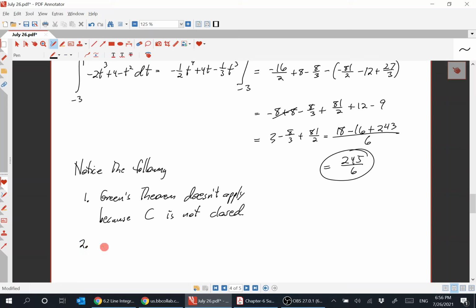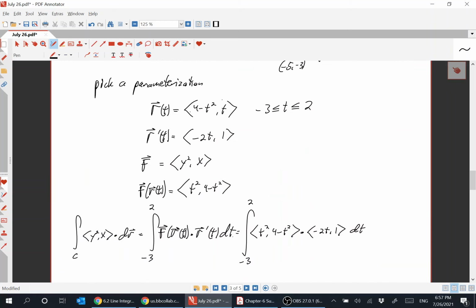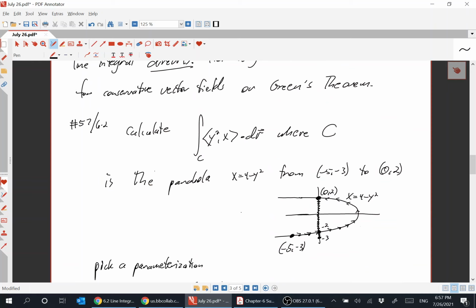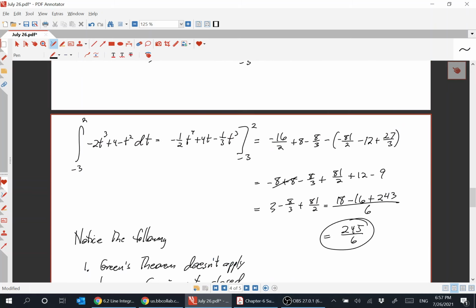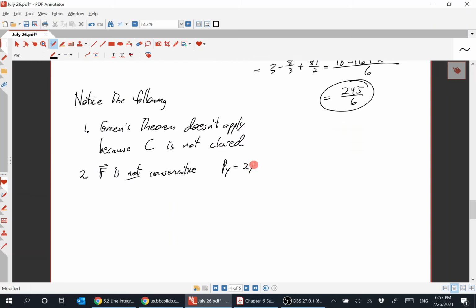Two, f is not conservative, because P_y is 2y and Q_x is 1. So they're not the same. So the fundamental theorem doesn't apply.